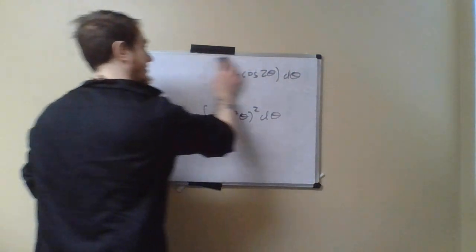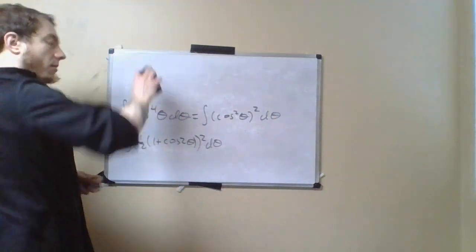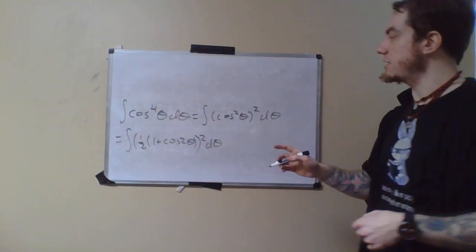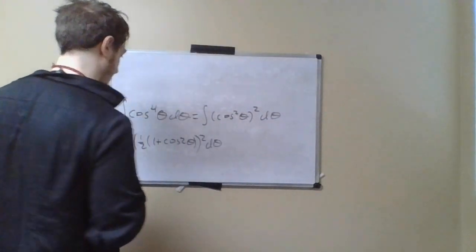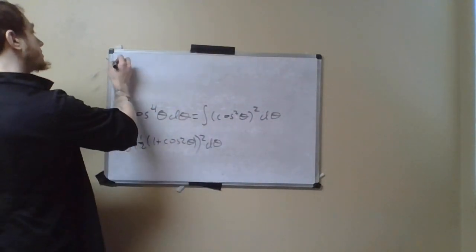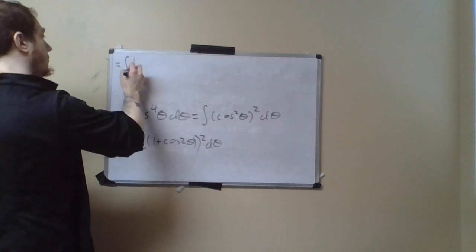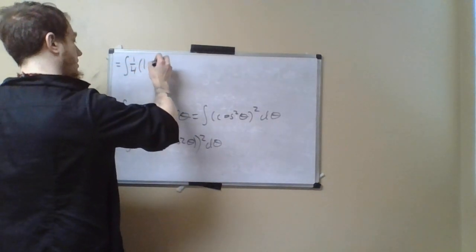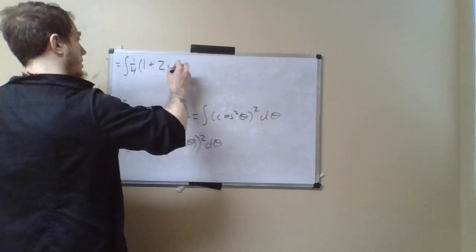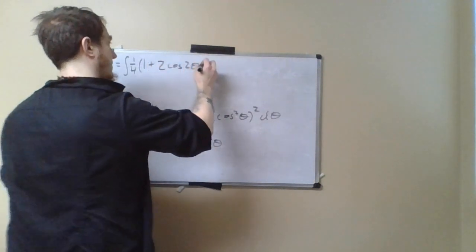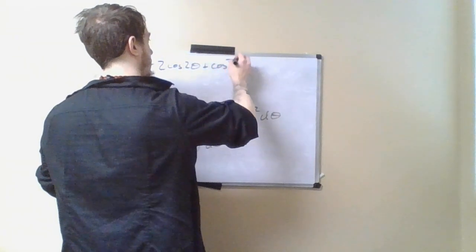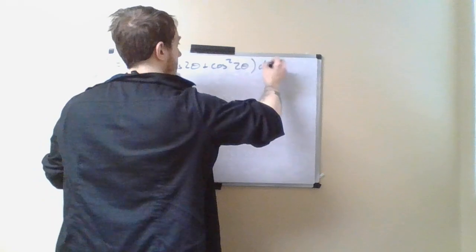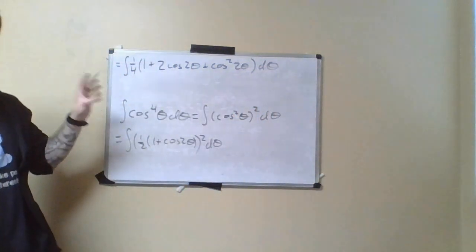Okay, that looks like it's not really going so well so far, but we're getting somewhere. It's just kind of starting to turn into a tad bit of a mess, let's say. This is going to become the integral of 1/4 times 1 plus 2 cos 2 theta plus cosine squared 2 theta d theta. And we are actually all set here.